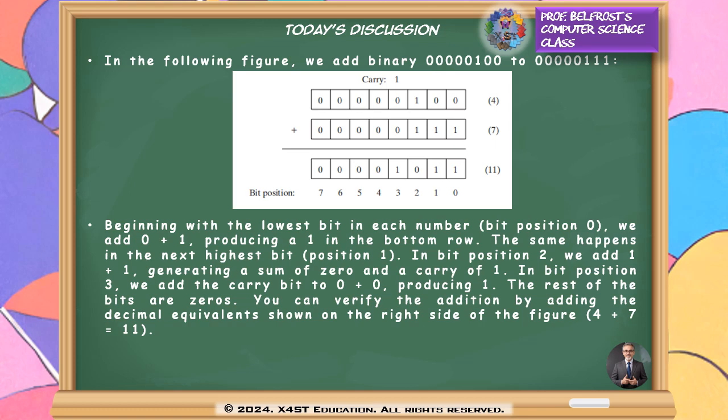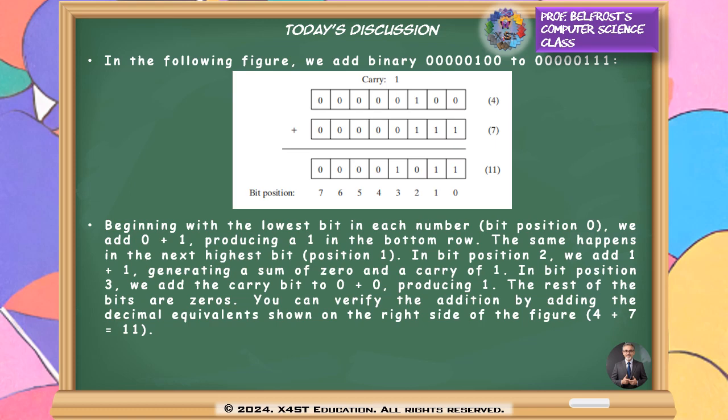Beginning with the lowest bit, we add 0 and 1, it's 1. The same happens with 0 plus 1, which gives 1. But 1 plus 1, in the third position from the right, results in 10. Then the 1 will be carried to the fourth position, and we add 0 and 0, which is 0, but we have a carry, so we add the 1, and it results in 1.